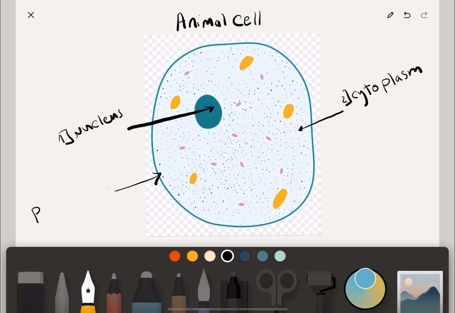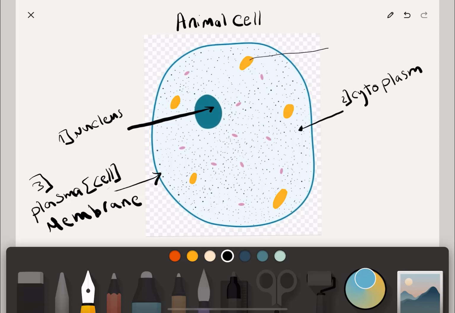And these yellow bars are called small vacuoles.